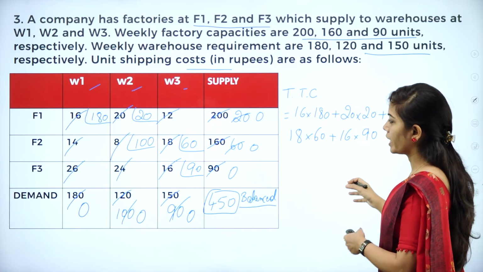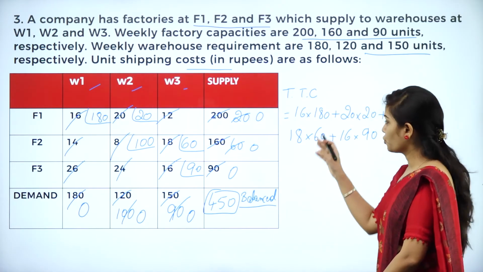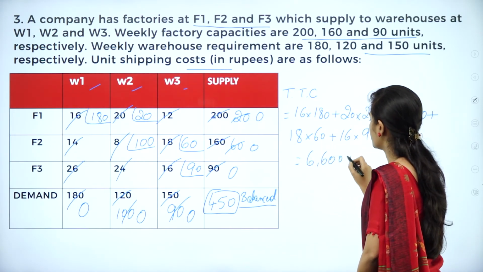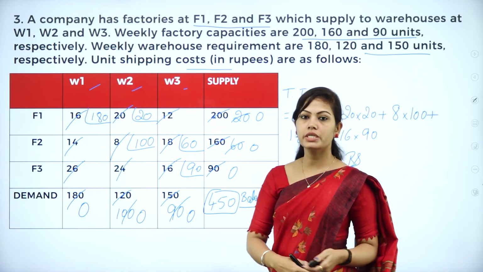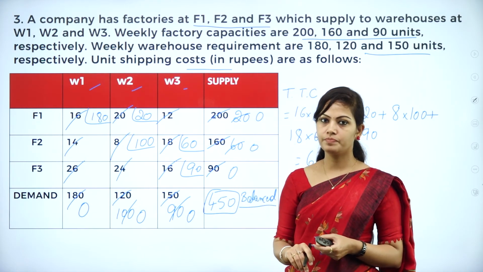So now you can find the total transportation cost. Total cost is equal to 6,600 rupees. Calculate this value and you will get 6,600 rupees. So this is your total minimum cost.